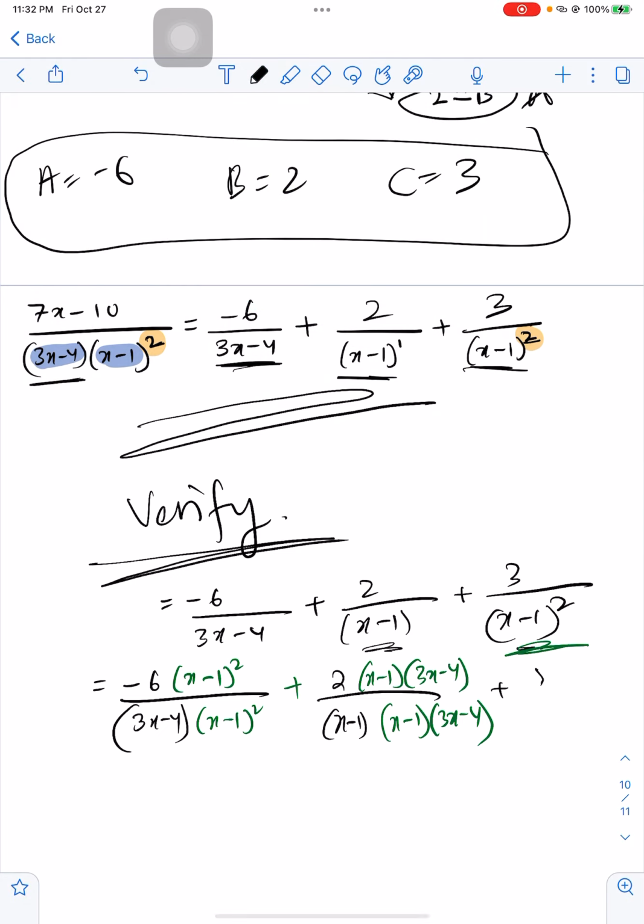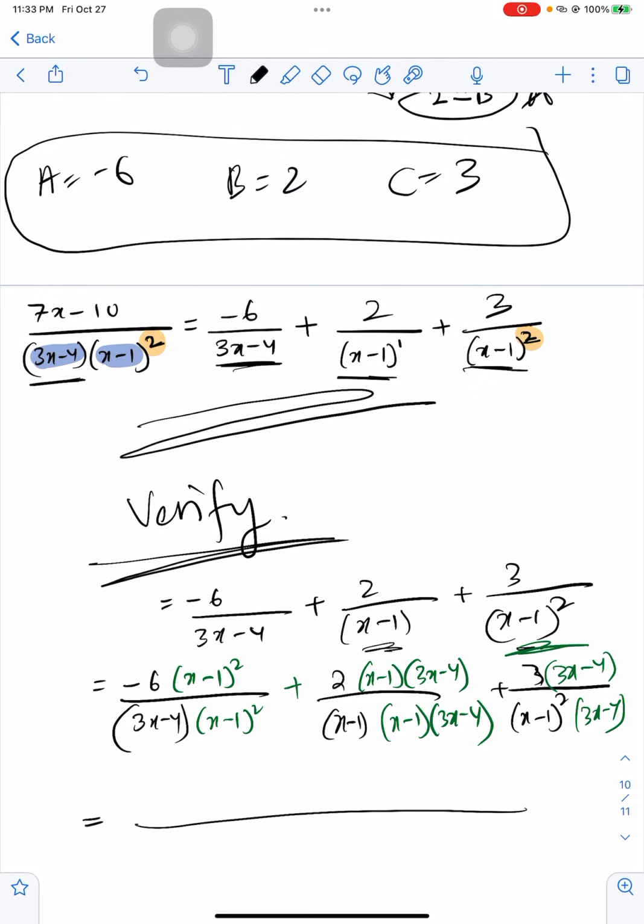Then plus 3 over x minus 1 whole square is there. What is missing? 3x minus 4. Now the denominators are all the same. So 3x minus 4 times x minus 1 whole square, same.